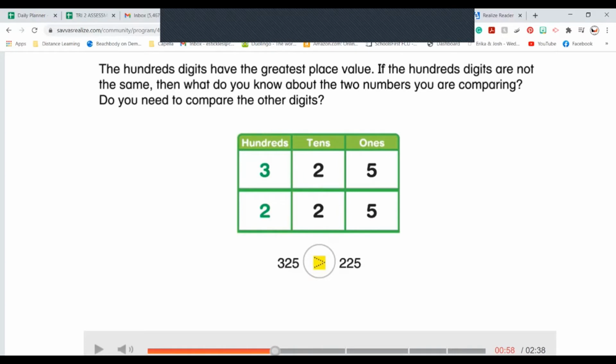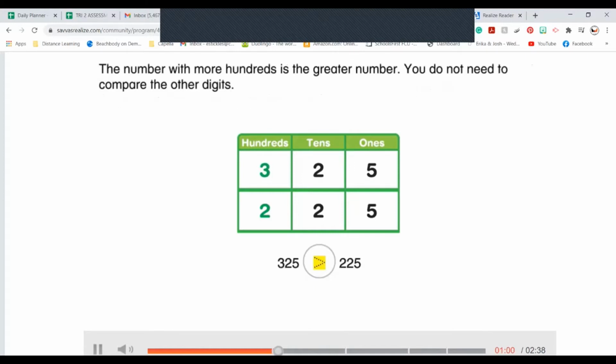If the hundreds place is way bigger in one number, then we don't have to compare the other digits. But if the hundreds are the same, if it's 300 and 300, then we have to keep working our way to the tens and the ones to decide which number is bigger or if they're equal to each other. The number with more hundreds is the greater number. You do not need to compare the other digits.